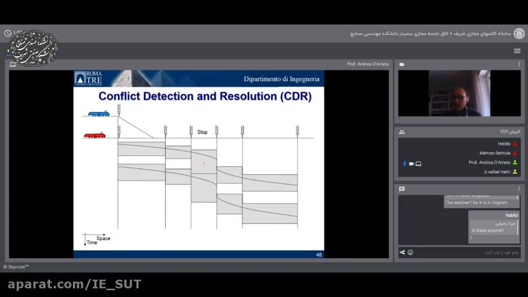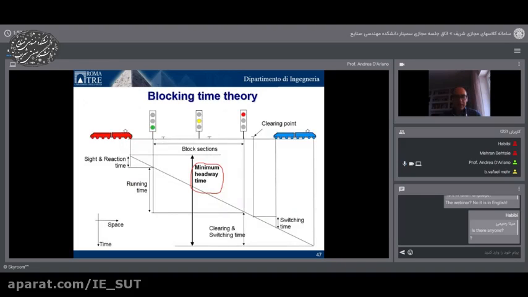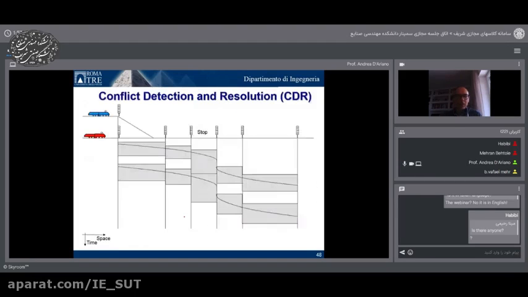We have a block for each train. Can you see here? This is forming a block. So it's not just occupying one point. We do not just look at the head of the train that is entering and the head of the train that is exiting, but we look at all the occupation of the train. So this block means the occupation of the blue train in this piece of track.